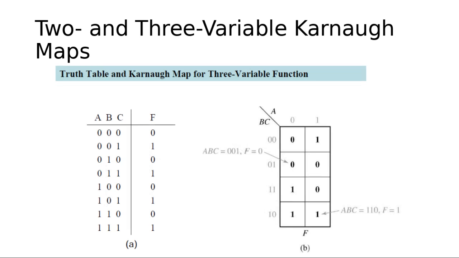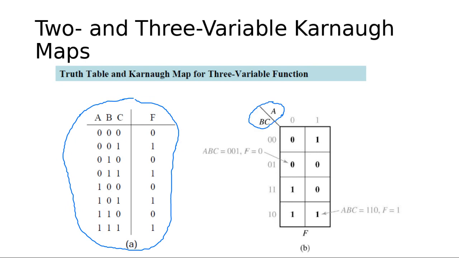There's a 3 variable Karnaugh map. You have a truth table. All of the Karnaugh map comes from the truth table. So you have a truth table and you have 3 inputs. That means you have 8 variables, right? So that means you have to draw 8 squares in your Karnaugh map, and there are 3 input types.